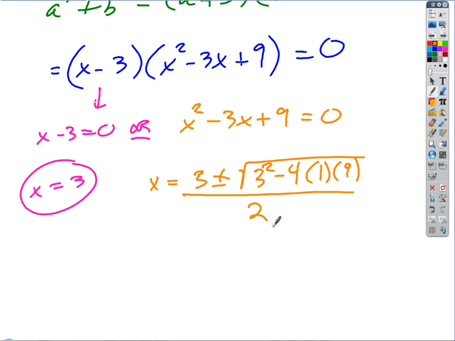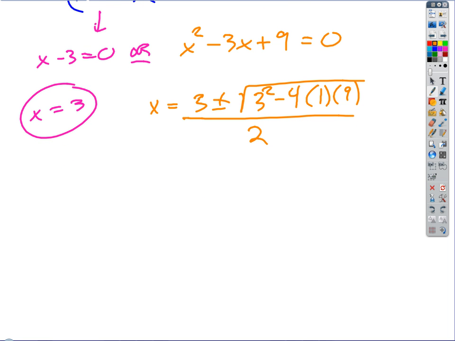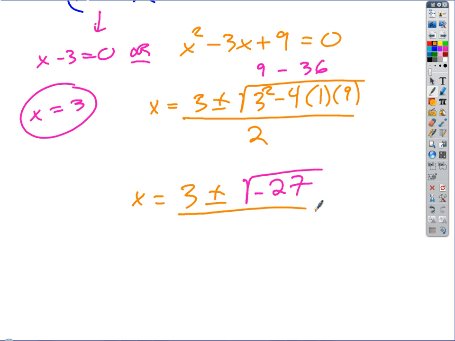A's 1. So if we simplify that, X equals 3 plus or minus, well, what's this all going to be? If we just do the math here, I'm going to get 9 minus 36, so negative 27. Everybody agree? So I'm going to get the square root of negative 27, all divided by 2. What does that look like?